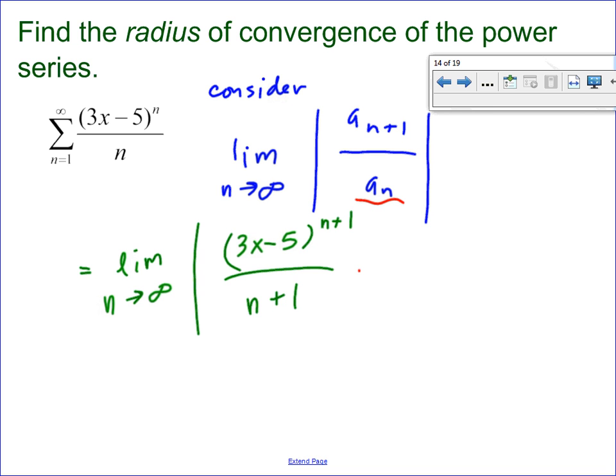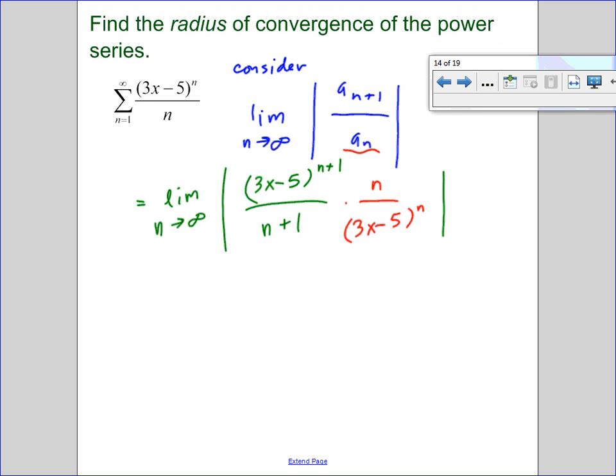Dividing by a fraction is multiplying by the reciprocal, so this is n over 3x minus 5 all to the n. And as you start to do more of these, we start seeing the patterns in terms of our rewrites and cancels.